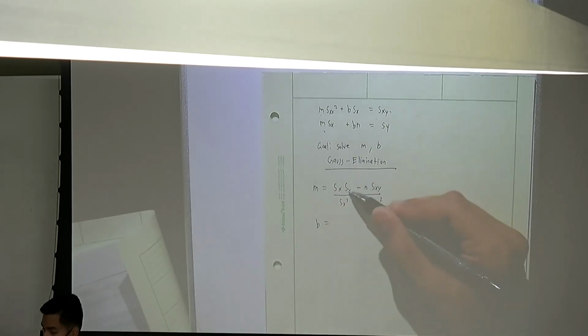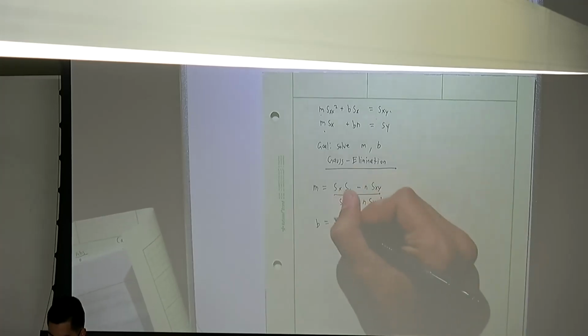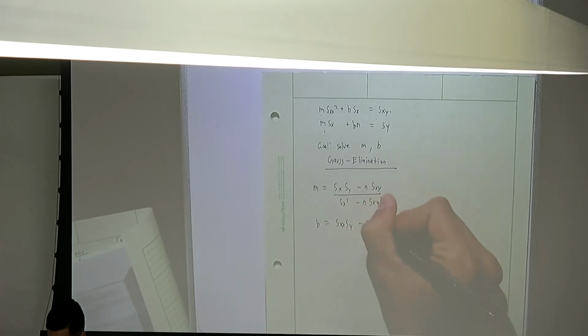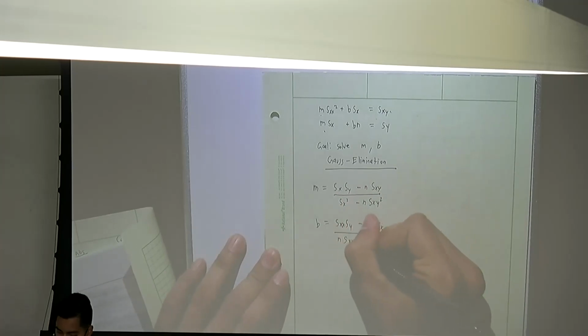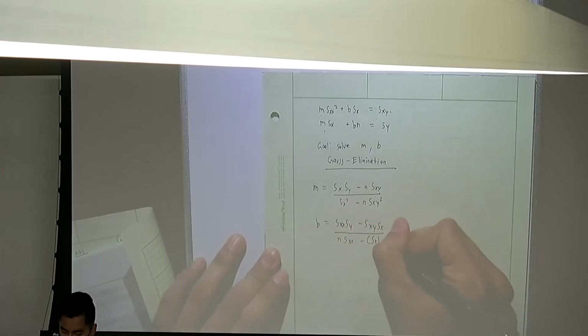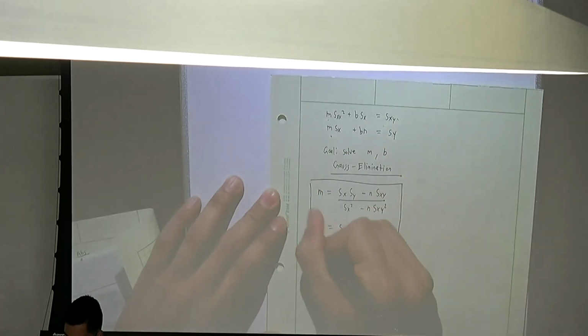Let's see, n Sxy, and then this would be Sx. Like this, right? And this one's squared. So these are our equations.